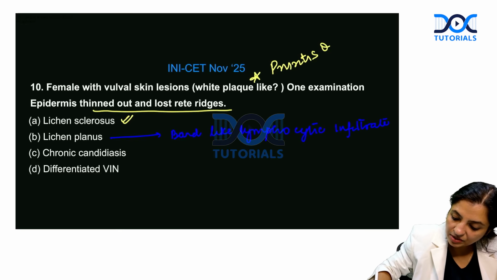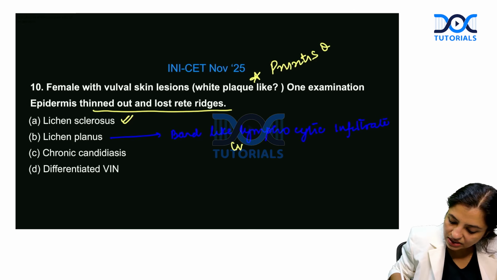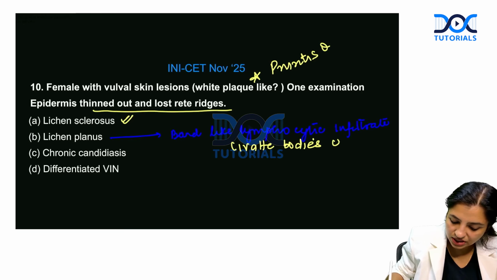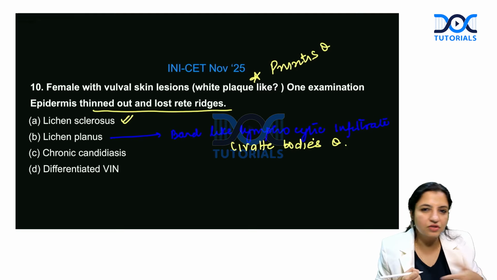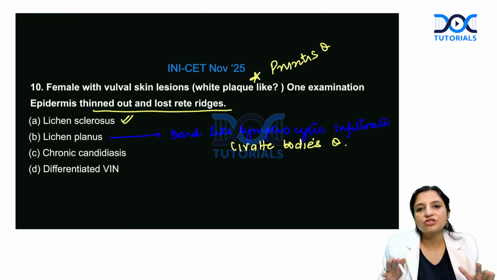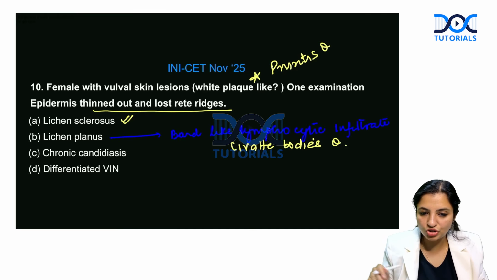Here they will give you very typical bodies, called civatte bodies. That is the classical finding. Rest is simple. Candida will show you spores, VIN will show you dysplasia. So everybody should be super clear with this.